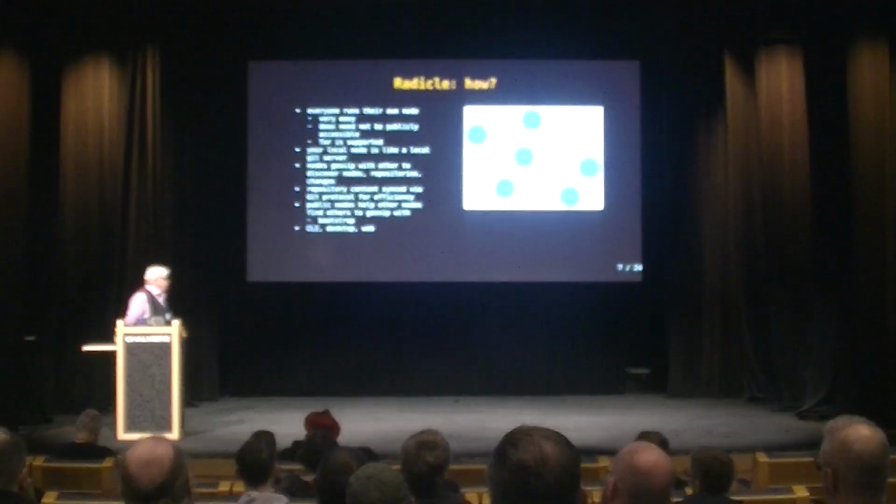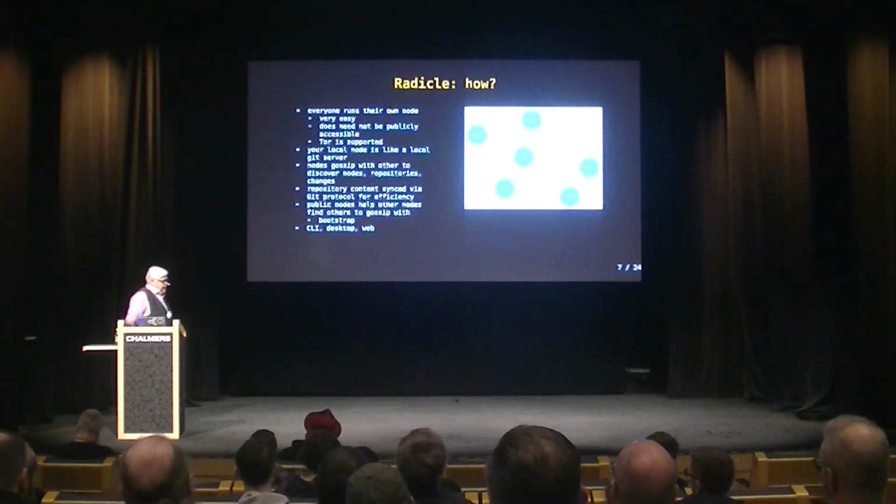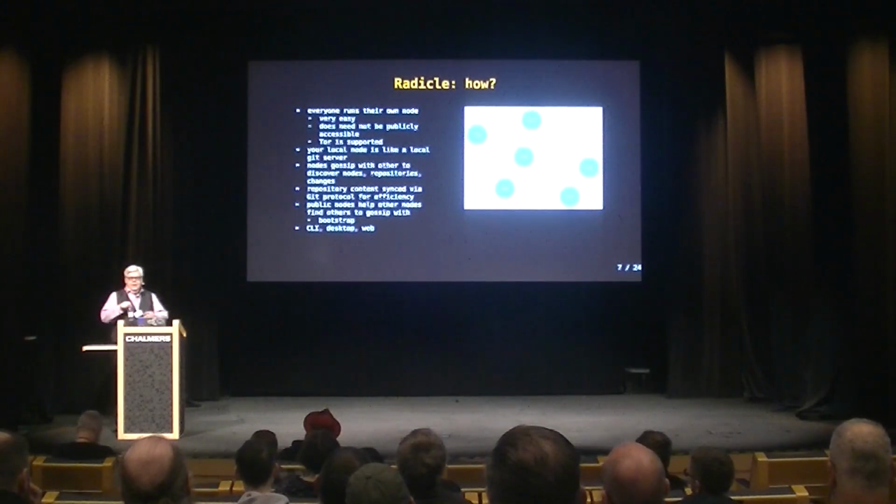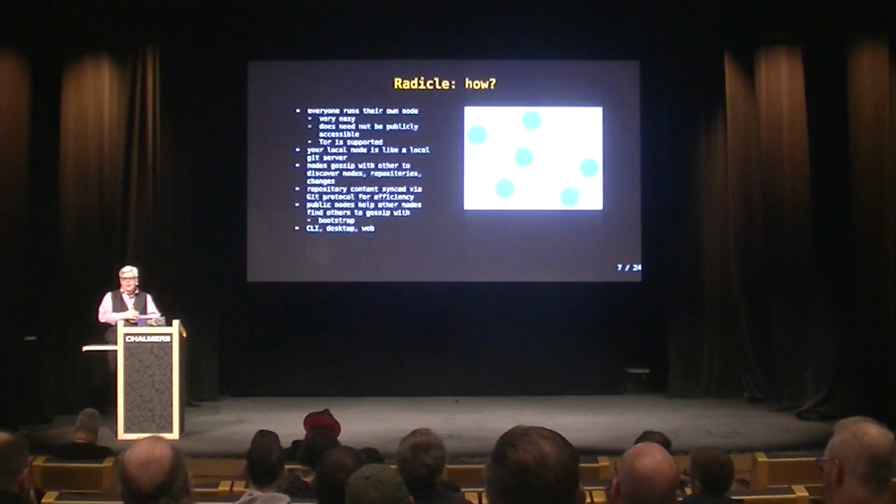The way Radicle works is everyone who uses Radicle runs a node. That's a program in the Radicle ecosystem. Running a node is about as difficult as running SSH agents, which I hope most of you are running.